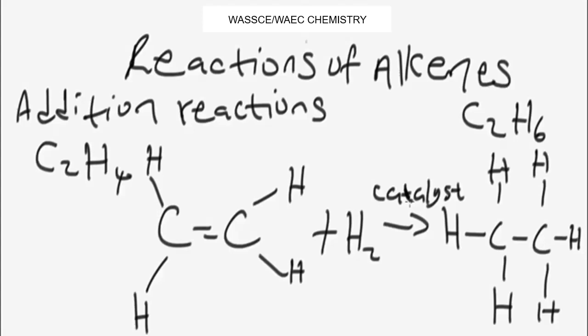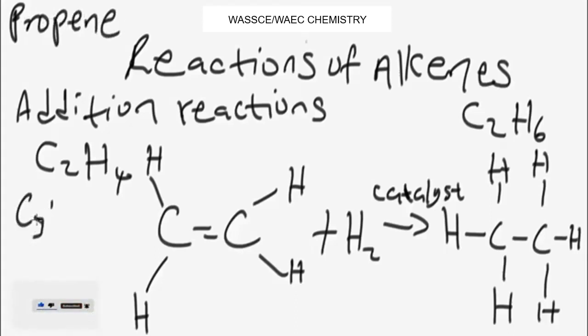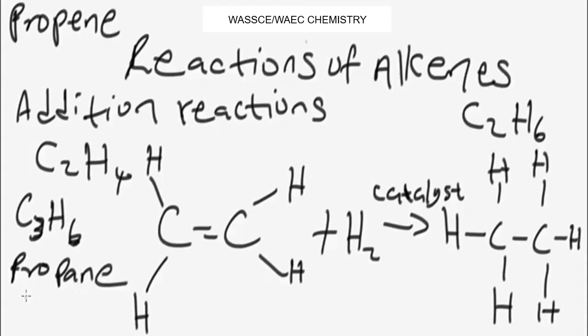Now, had it been an alkene like propene, whose chemical formula is C3H6, and it reacted with hydrogen molecule, we are going to have the product to be a saturated alkane, which is our propane. And the chemical formula for propane is C3H8.